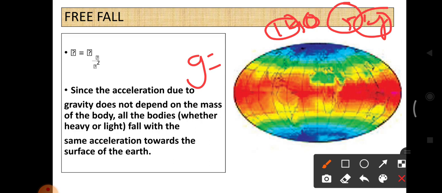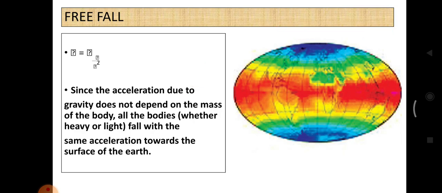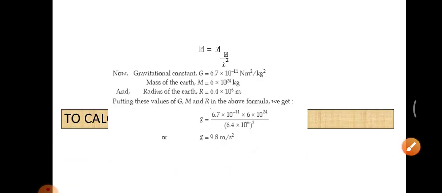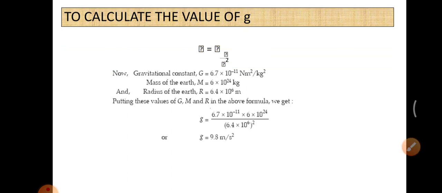So both objects are accelerated at the same rate towards the earth. I hope you understood this concept. So how to calculate the value of g?